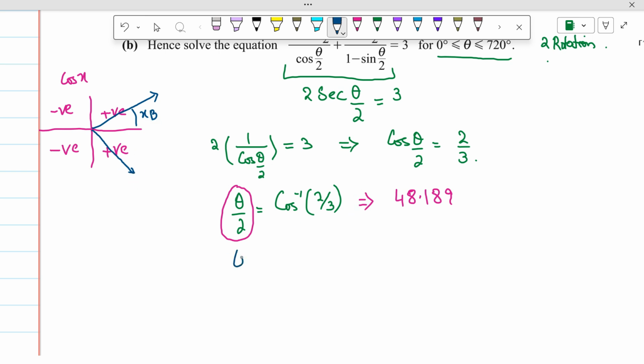So theta by 2 is also equal to 360 minus 48.189, the base angle which is the angle in the first quadrant, and this one is equal to 311.81. So we have the two angles which correspond to the value of cos inverse of 2 by 3.